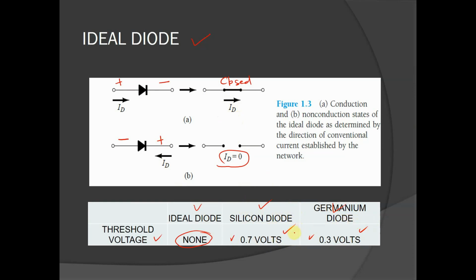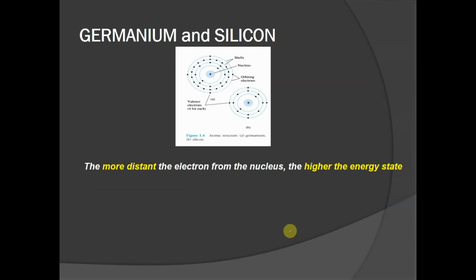If you compare the atomic structure of silicon and germanium, look at this germanium here. Look at the outermost layer, it's far away from the nucleus. That means the orbiting electrons will easily give off.